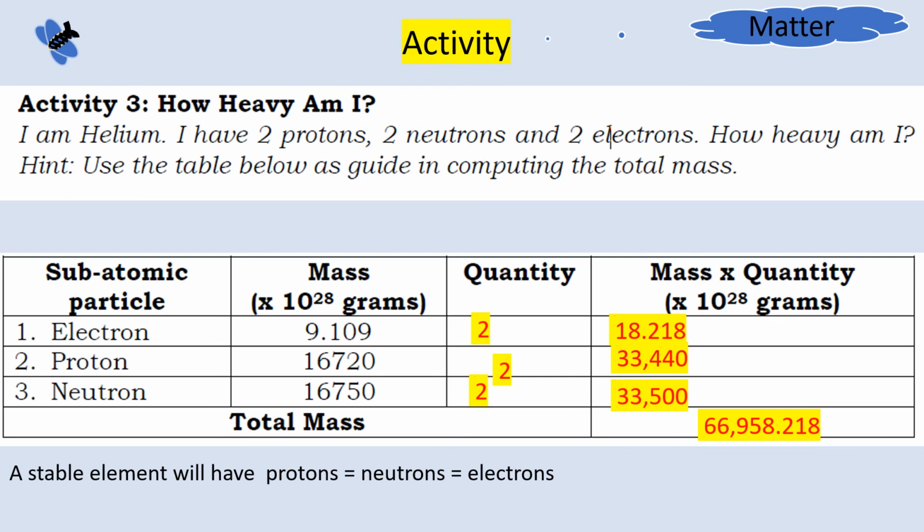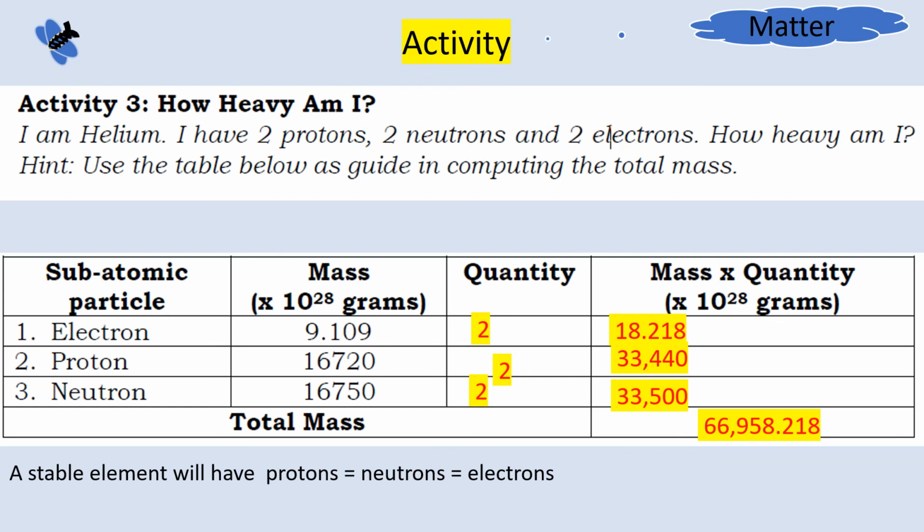This is the conversion of the masses of electrons, protons, and neutrons in times 10 to the -28 power in grams. In the given, I am helium. I have 2 protons, 2 neutrons, and 2 electrons.